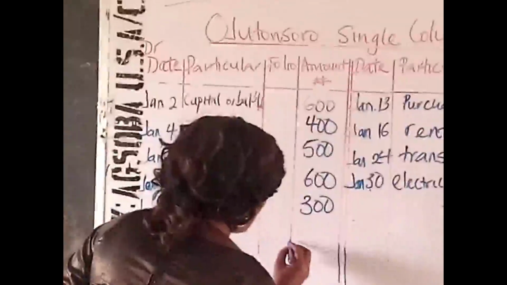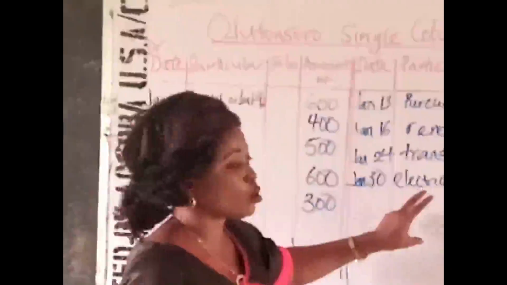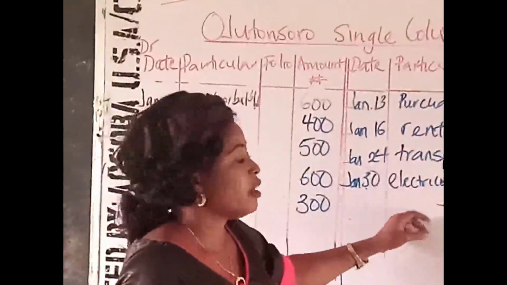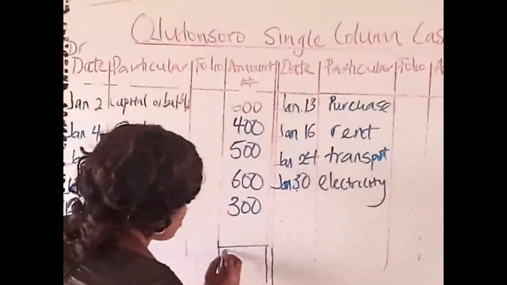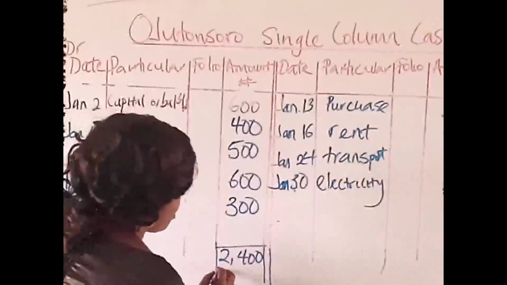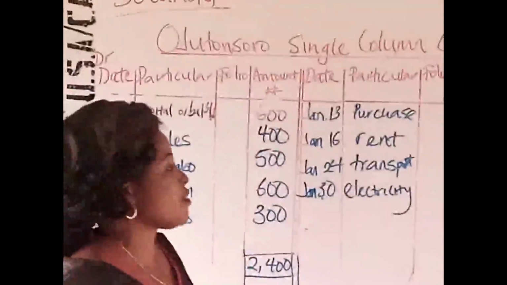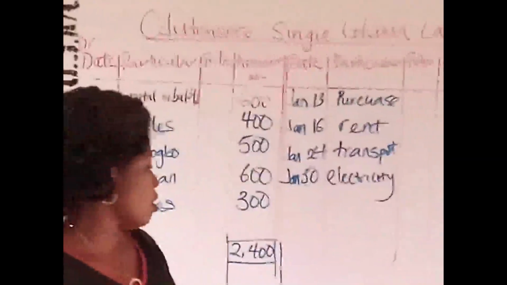So you write the total. Before you write this total, you are going to leave a two line on the credit side. You leave a two line down. You don't write it straight like that. 2,400. Then you close it. Because the principles of account said that the two sides of the account must be equal.